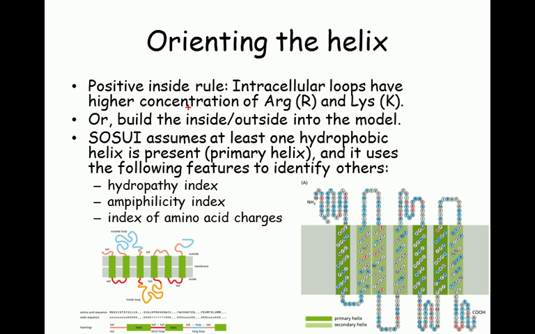Usually, the intracellular loops have a higher concentration of arginine and lysine, which are positive. Okay? So these rules are determined from known data. If you have a set of known alpha transmembrane proteins, you can see whether they have anything in common. Okay?